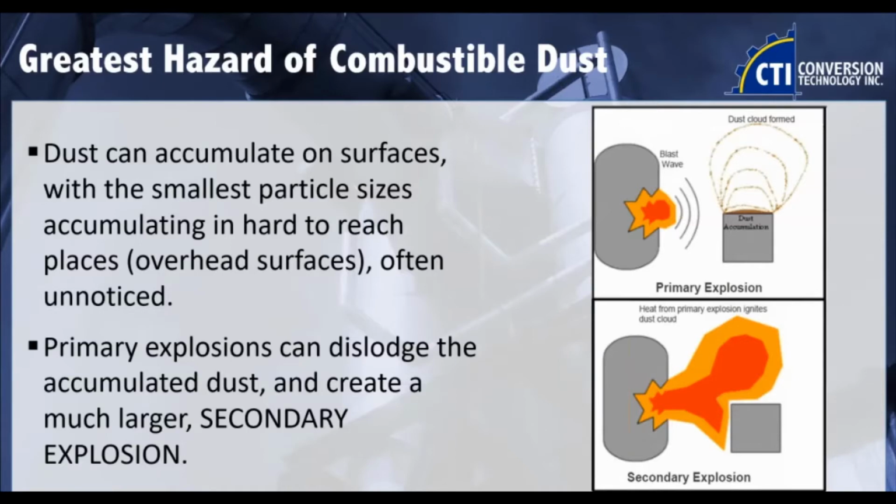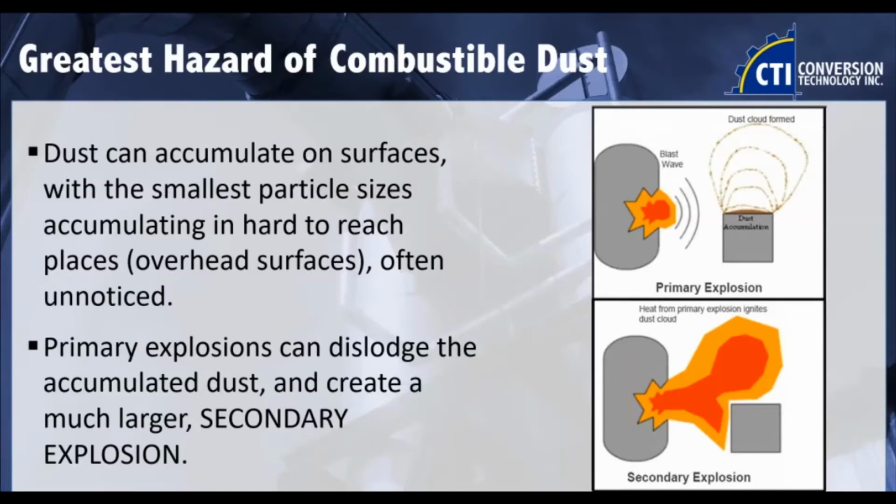And then what can happen is you would have what's called a primary explosion. So whether a tank bursts, a dust collector blows, or a motor pops if it's overheated and blows, that would cause, let's say, that room to shake or the building to shake a little bit, causing all that dust that had accumulated in the overhead areas to be dispersed through the air, falling down, and now that flame or heat source from the initial explosion is in the presence of a dust cloud.